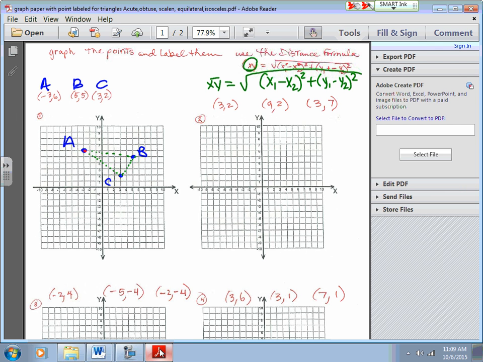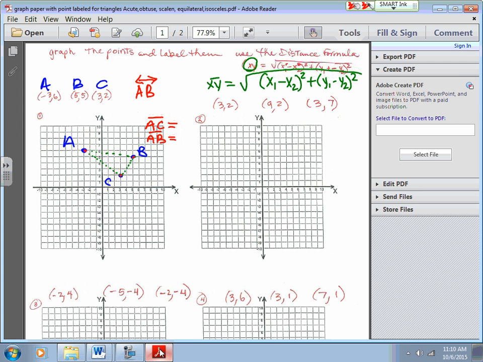You're supposed to figure out the side lengths of A to C. You're supposed to figure out the side lengths of A to B. Now, do you notice that I'm writing a line over the two letters? That represents just a segment. If I put an arrow like this, then that's a ray because it starts at A, it goes through B, and the line keeps going on forever. If I put two arrows there, that means the line goes in both directions.